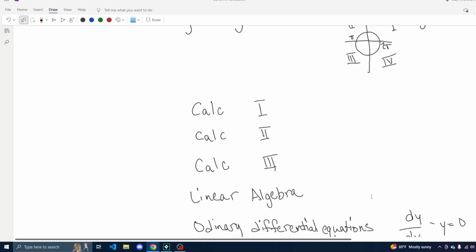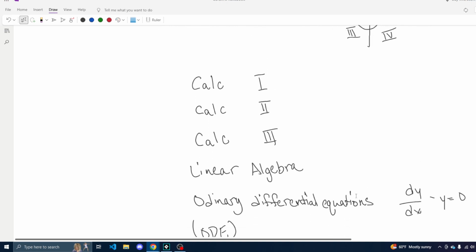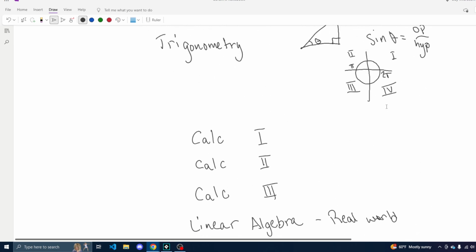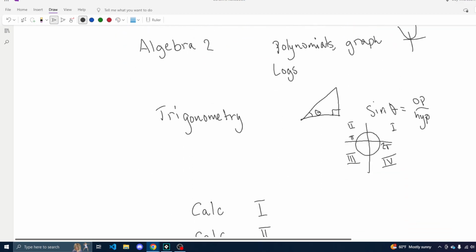However, after you've taken all of these classes, especially if your linear algebra class was more real world based instead of proof based, so real world examples, then you would start getting into a completely different branch of math.